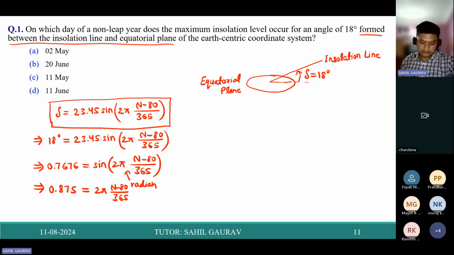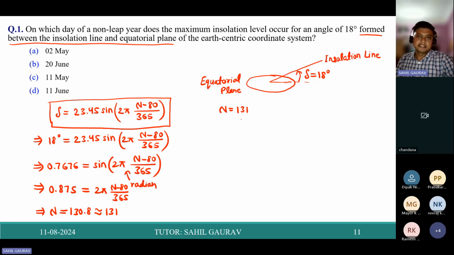So multiplying by 365 and adding 80, upon solving this you will get n equal to 130.8, approximately 131. So n is equal to 131. Which date does it denote? We have to find.